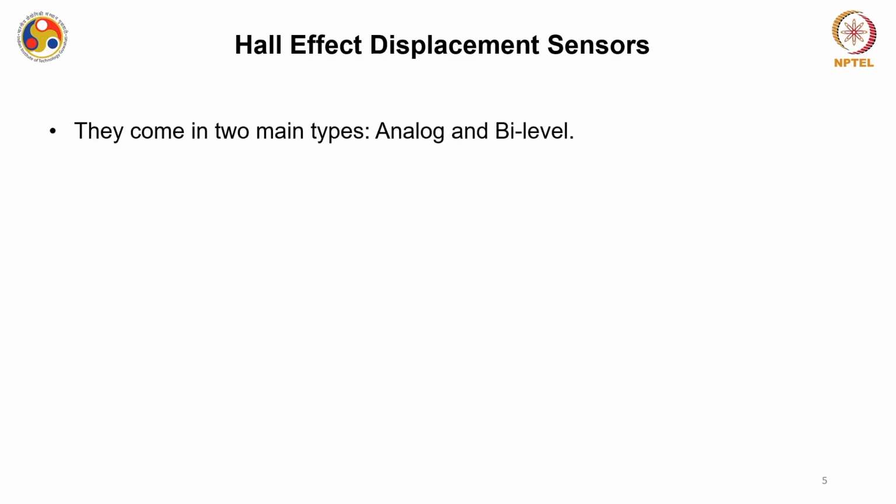Hall effect displacement sensors can be linear or rotational. But usually they come in two main types: one is the analog type, and the other is the bi-level device, which has predefined thresholds.